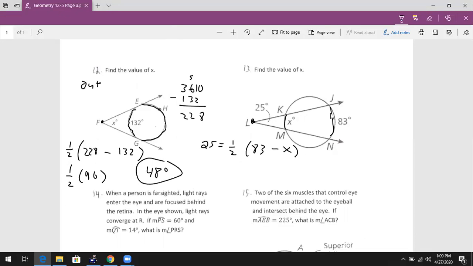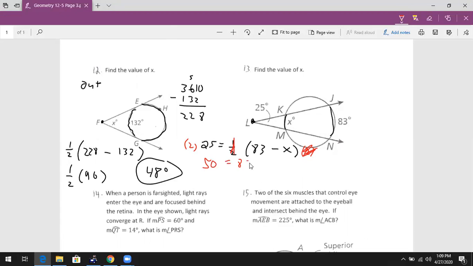But the first thing I would probably do, you could distribute the half through, because this is an odd number and this doesn't have a coefficient that's even. I'm just going to double everything right now. 2 times 25 gives me 50. And the reason I doubled this side is because it cancels over here.